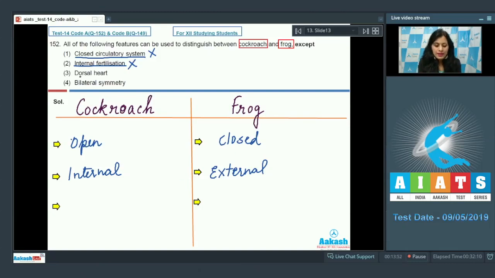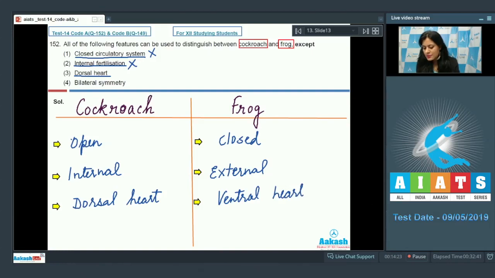Next feature given is dorsal heart, and as we know, cockroach being an invertebrate has dorsal heart, whereas frog being a chordate or vertebrate has ventral heart. And based on this, we can distinguish between cockroach and frog, so this cannot be a correct answer to our question.